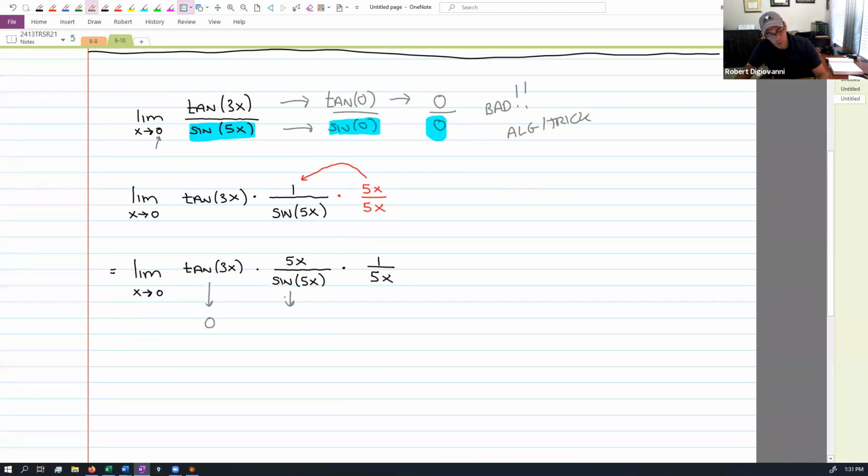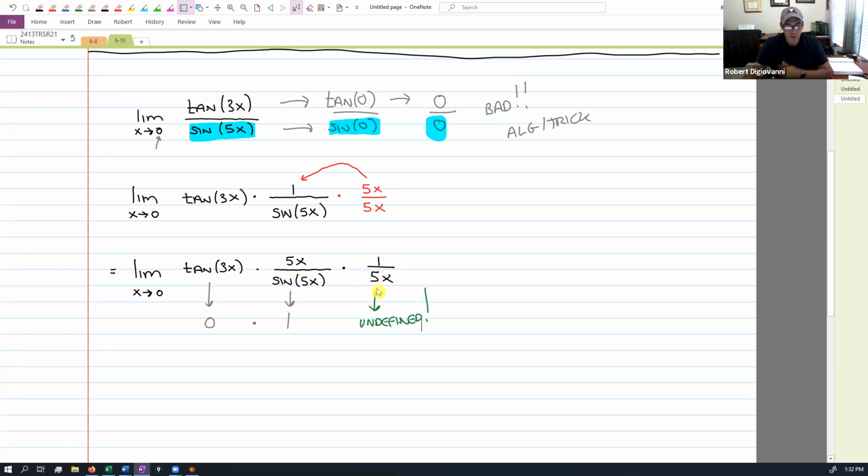We know this goes to what? 1, yep. And that's good. 0 times 1 is just 0. We don't have division by 0. But look, this is crap now, right? That's undefined. So one way you could look at it is, we fixed one problem, but to fix it, we created a new one. Y'all see that?